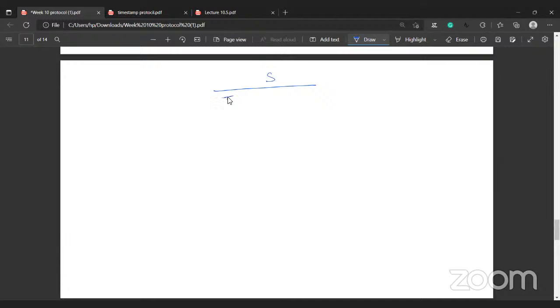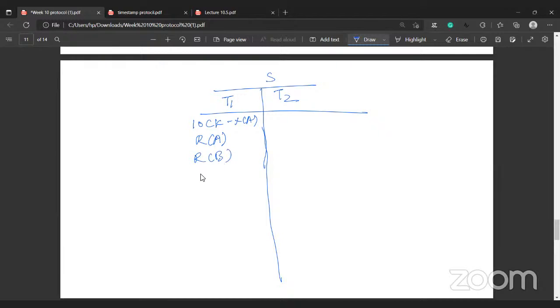So let's see one example. There is one schedule with T1 and T2. Exclusive lock is applied. Then read A and read B, write A, and then unlock B, and then commit, unlock A, right?